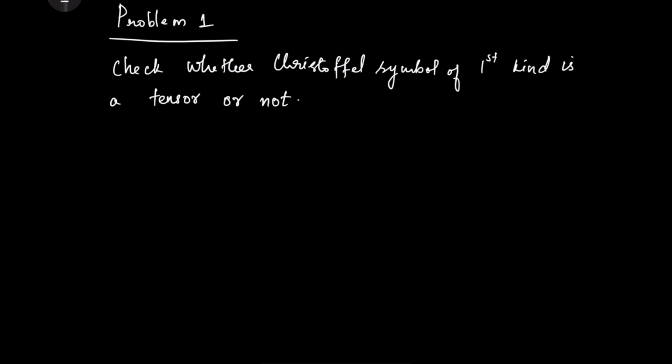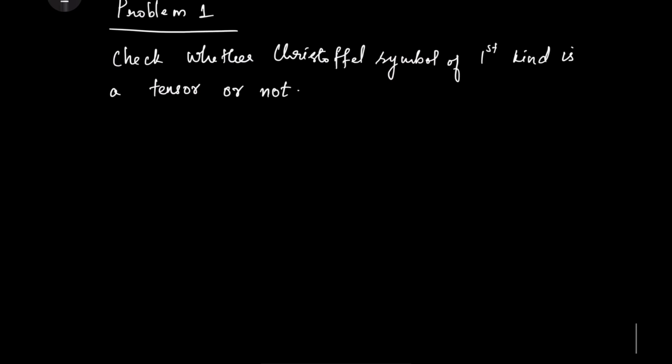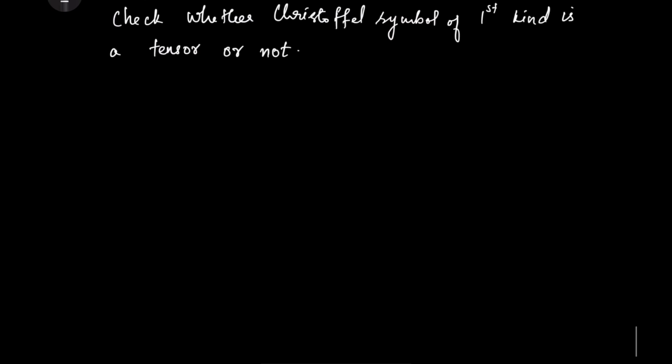So we have to begin by transforming the Christoffel symbol of first kind. Whenever some quantity is given and you are asked to check whether it is a tensor or not, you have to begin by writing the transformation law.